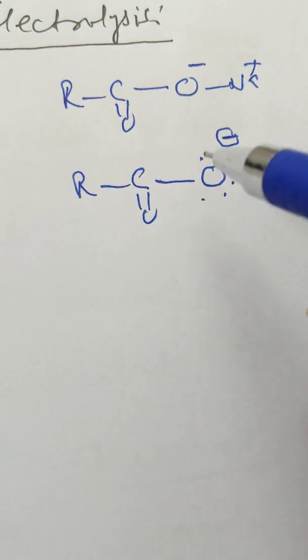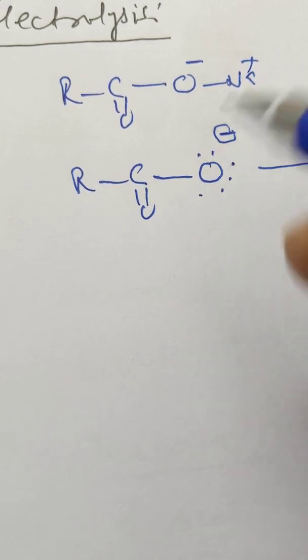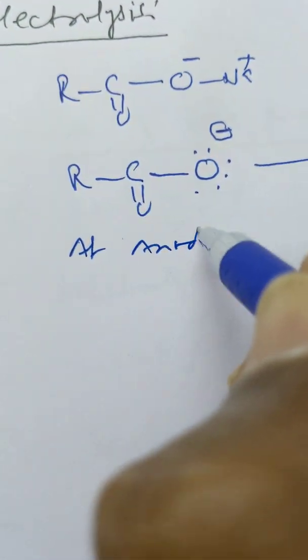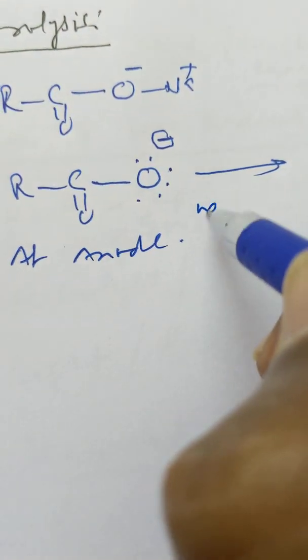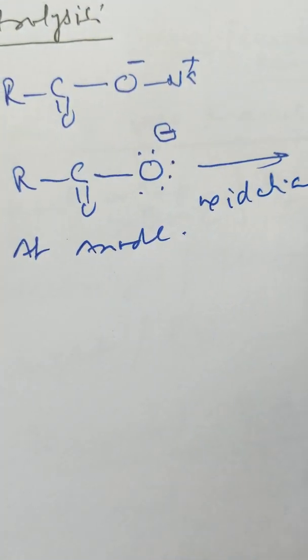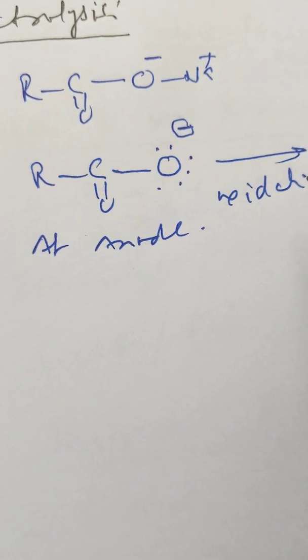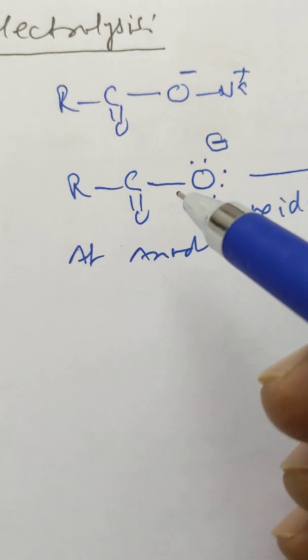Now this anion will go to which electrode? Anion will go to the anode. So this will get to the anode. At the anode what process takes place? At the anode oxidation takes place. As a result of this oxidation, what will happen in this case?